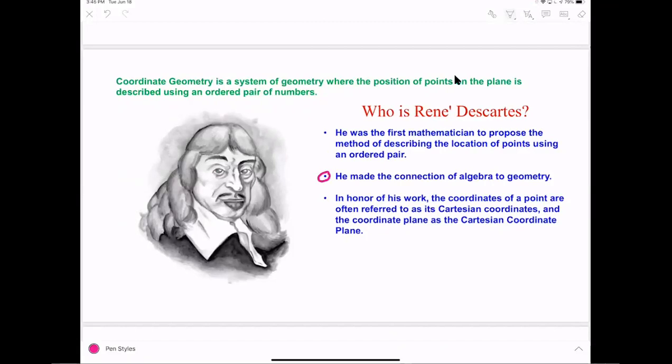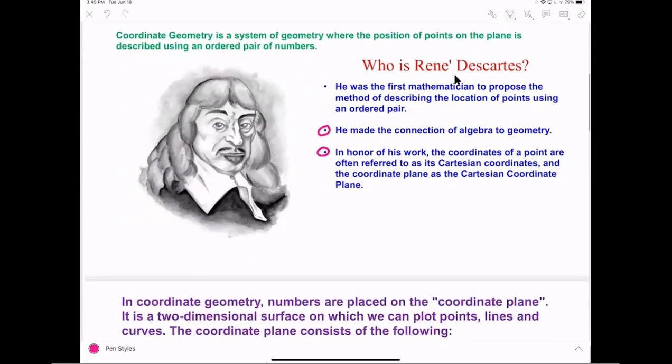In this lesson, we will see the algebra form of a linear equation and its connection to its geometry form, which is a line. And in honor of his work, the coordinates of a point are often referred to as its Cartesian coordinates and the coordinate plane as the Cartesian coordinate plane.